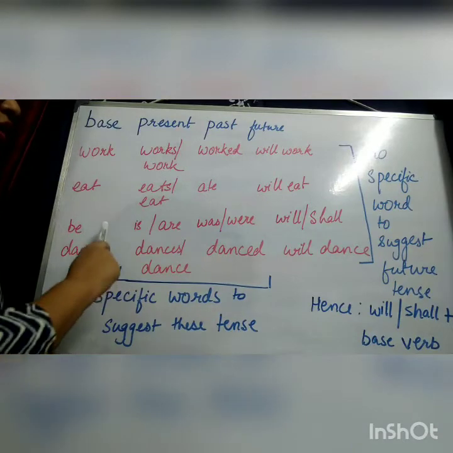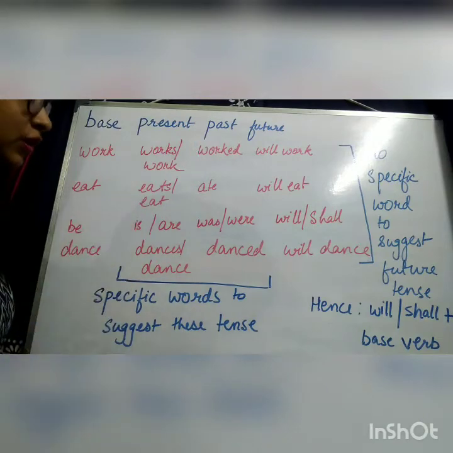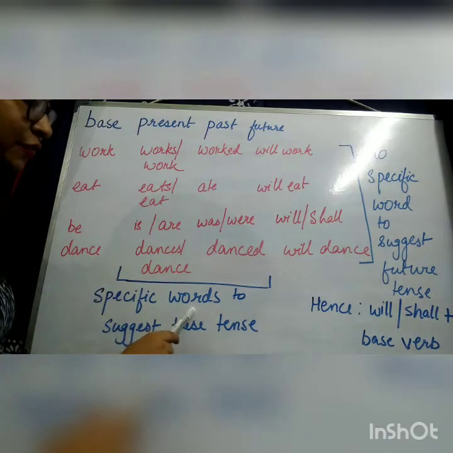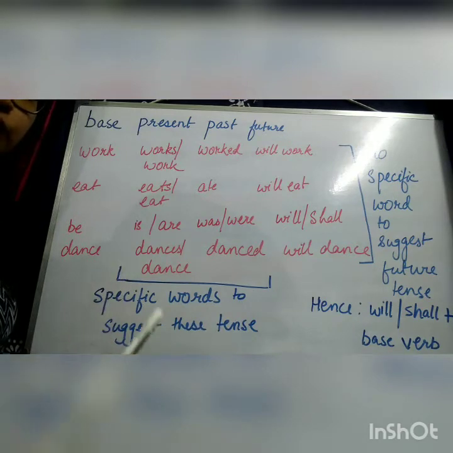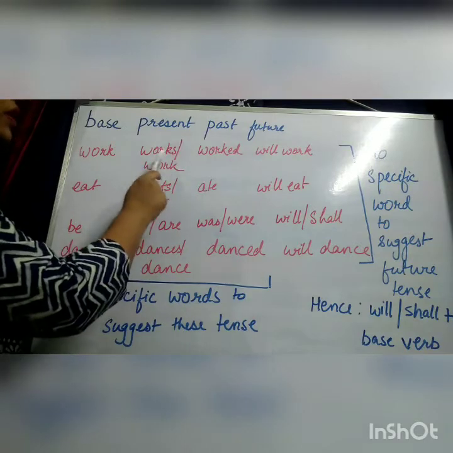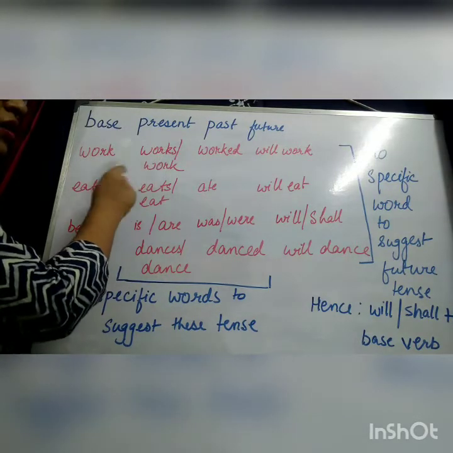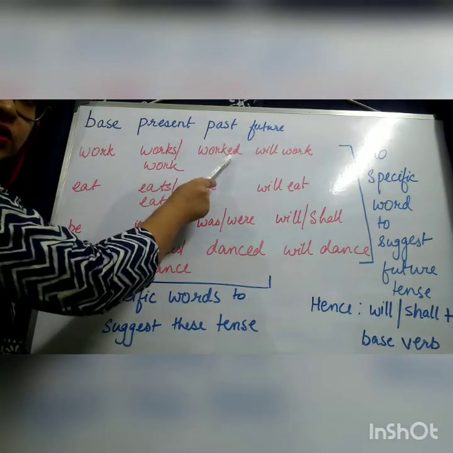Now you will notice that the present and the past forms of the verbs have specific words to suggest these tenses. Now what do I mean by this? See, there is a specific word. The word work changes to works. It changes to worked.